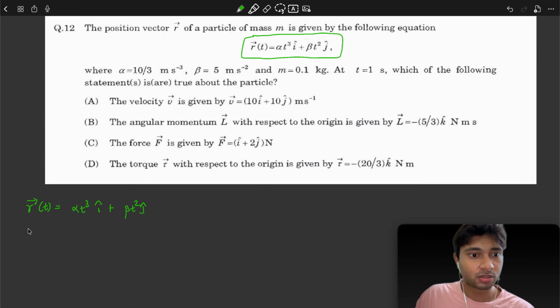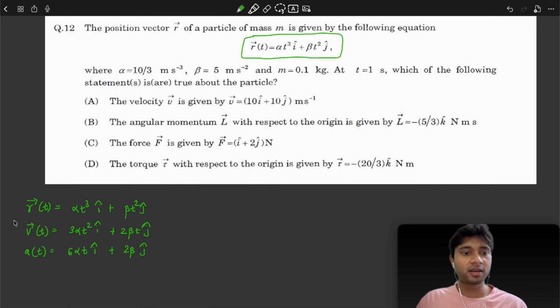So the velocity vector will be 3 alpha t square i cap plus 2 beta t j cap. The acceleration vector will be 6 alpha t i cap plus 2 beta j cap.